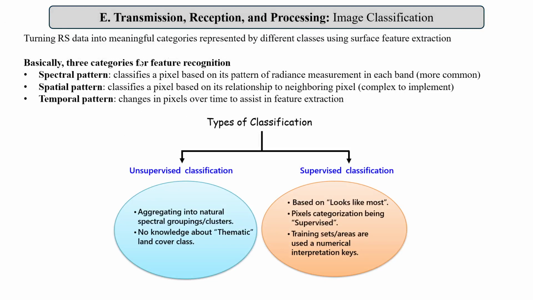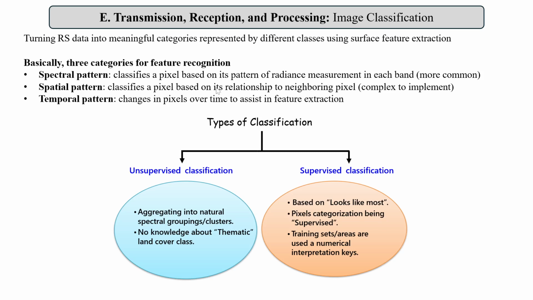It is basically turning the remote sensing data, or whatever data you have downloaded, into meaningful categories represented by different classes based on the spectral patterns, spatial patterns or temporal patterns. Spectral patterns means it classifies the pixel based on the patterns of radiance measurement.